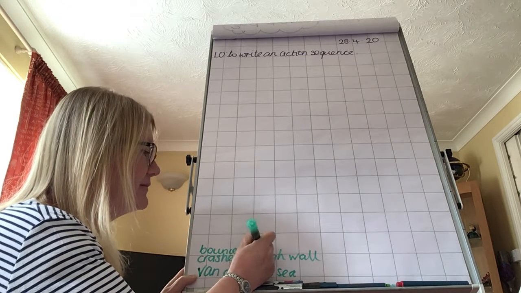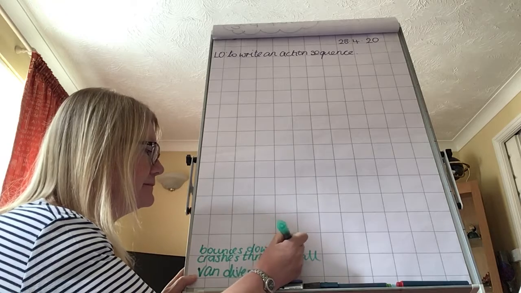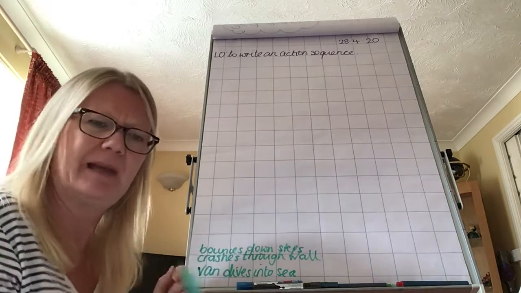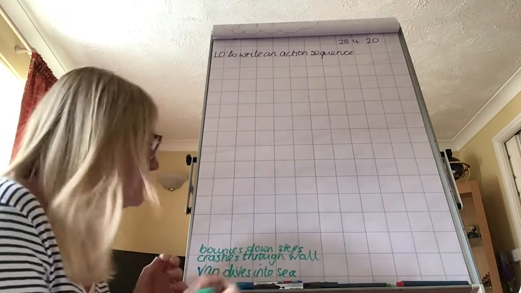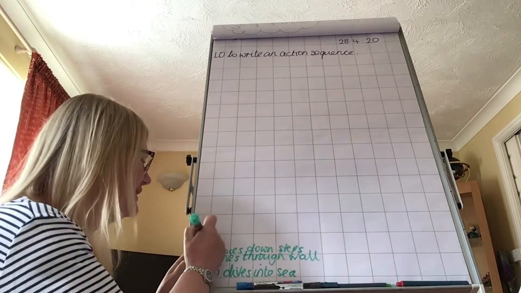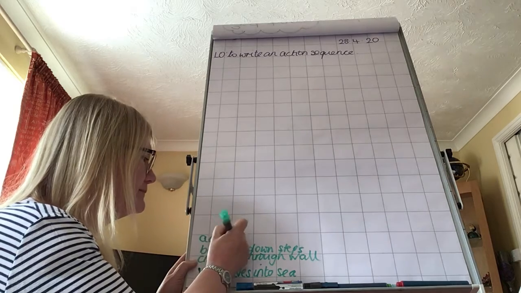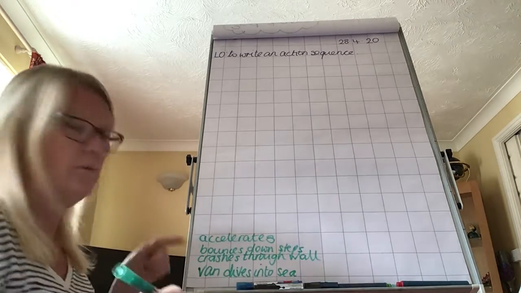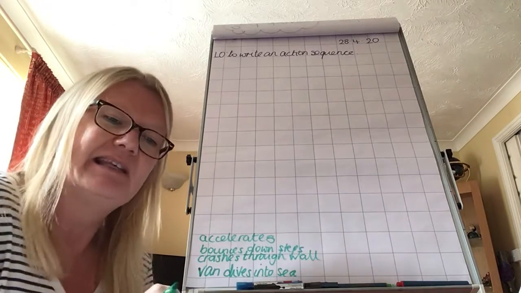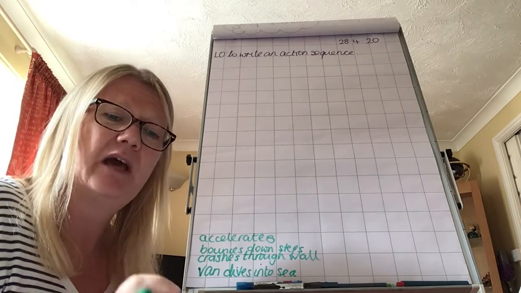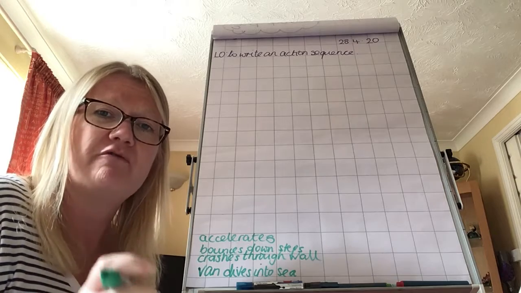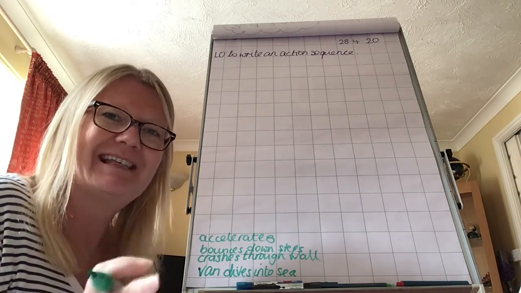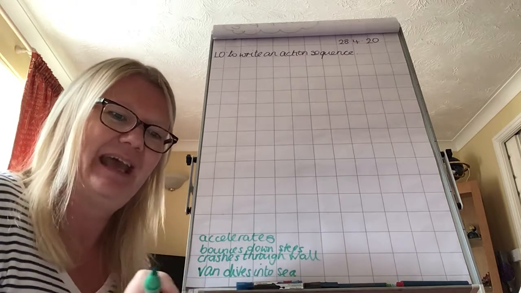Bounces down the steps. And that's 3. I'm going to go for 1 more. I'm going to be ambitious. The one before that is all of a sudden it starts accelerating, doesn't it? So we've got 4 key pieces of action there that we're going to turn into a really fantastic action sequence. One sentence that packs in the action.